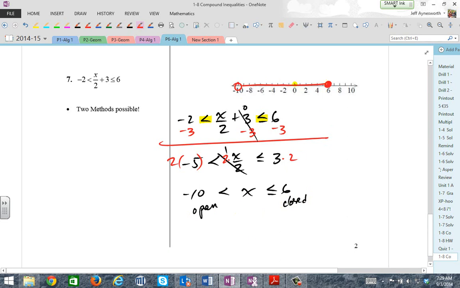It's all points between -10 and 6, including 6. And I say including, and that's why it's closed here at 6, but not including -10 because it has to be strictly less than. So x can be any one of these points in this region.